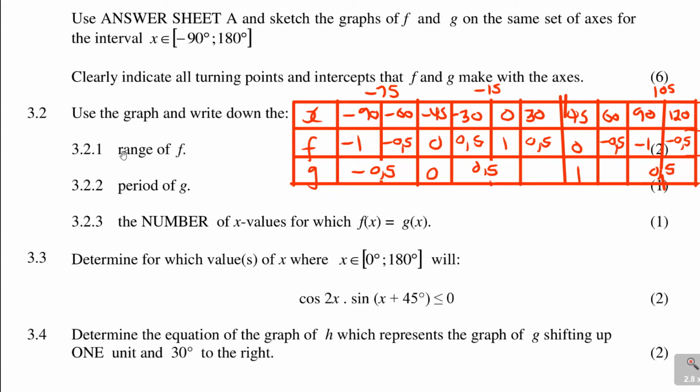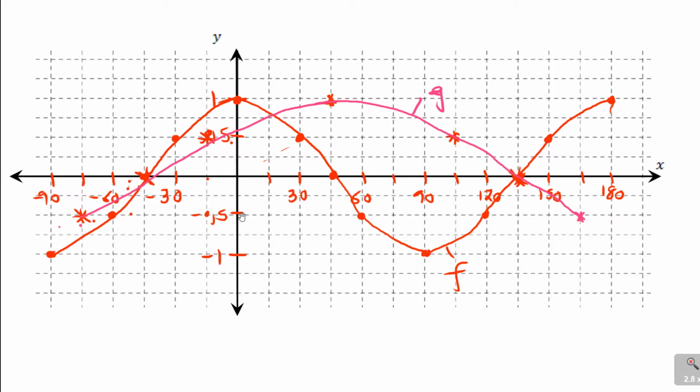Simple one, right? Use the graph to write down the range of f. Now they say use the graph. If we are looking for the range of f, what they are saying is look at f and then you rule here to say where does it start from. Range means the y values, the minimum and the maximum.